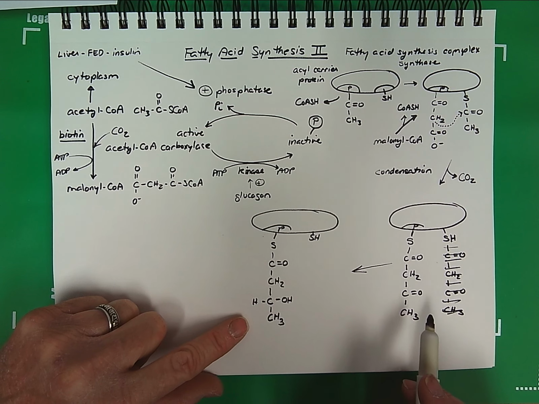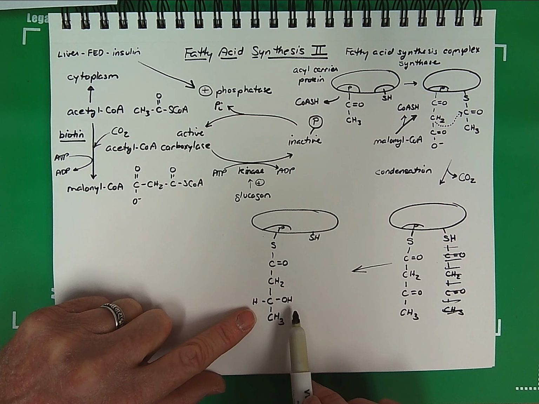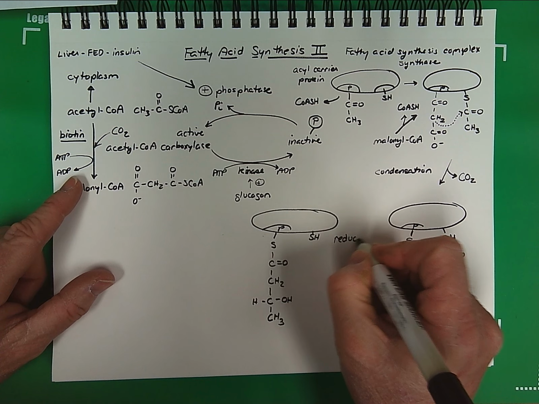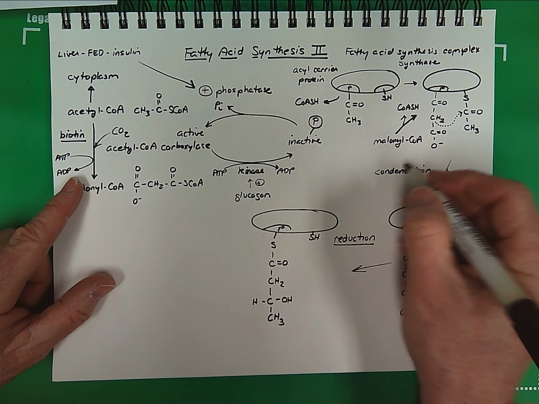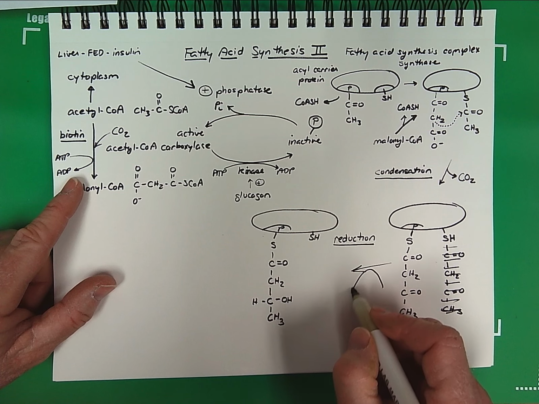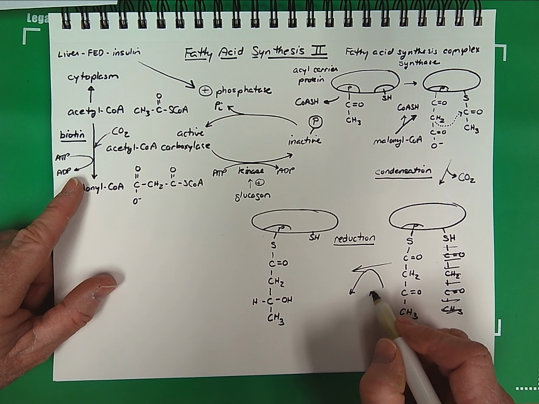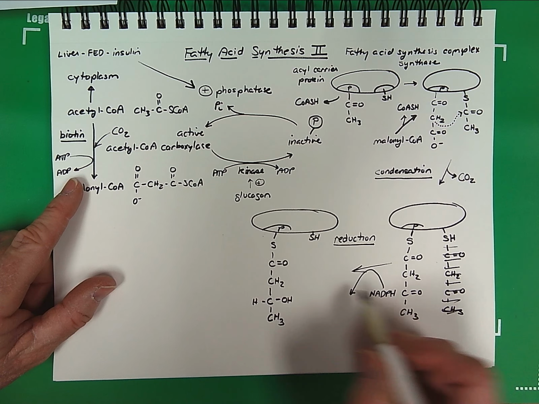Now, whenever we convert a carbonyl, a ketone, into an alcohol, recall what kind of reaction this is. This is a reduction reaction. So we perform a condensation and a reduction reaction. Now, where are these electrons coming from to perform this reducing reaction? Here is where we're starting to use some of our NADPH that we generated.